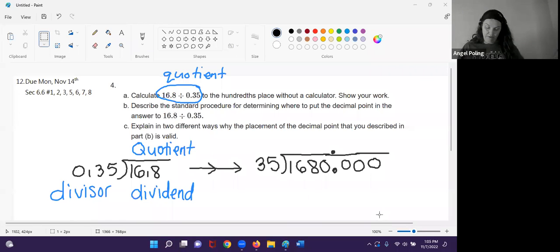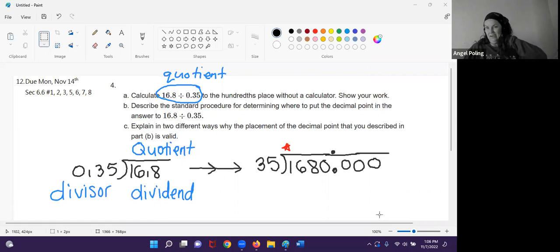Now when we divide, we're just whole number dividing in the long division format, and we're going to play the long game. We look at the first digit to the left, and we say, how many groups of 35 can I make out of 1?